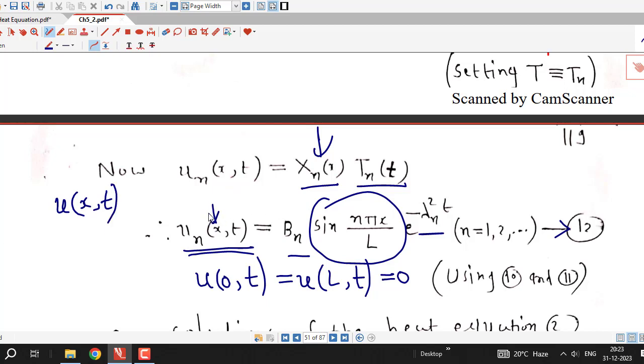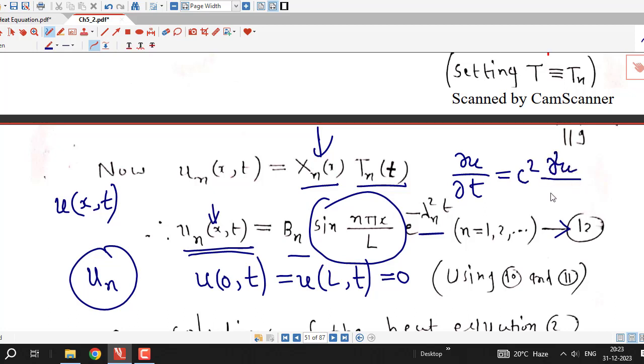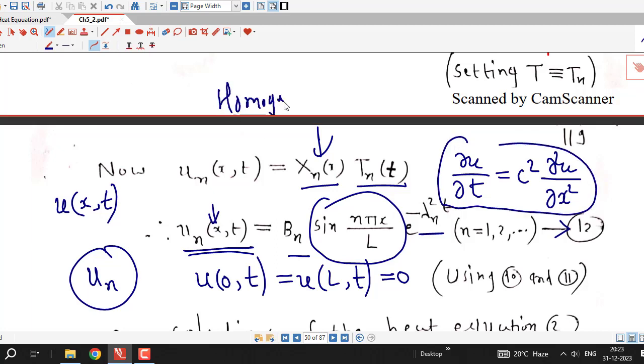So before using the initial condition, now we know that all these un(x,t) are solutions of the given heat equation, which is del u by del t equal to c square times del square u by del x square, and this heat equation is a homogeneous and linear partial differential equation, and these un(x,t) are solutions of this homogeneous linear partial differential equation.